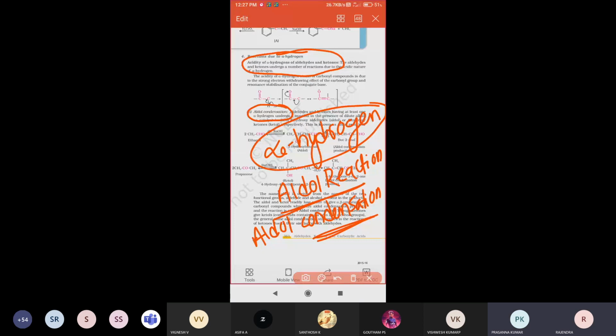Right. Simply, condensation is nothing but the removal of a water molecule. The removal of a water molecule is also called a condensation reaction. So during this aldol reaction, a water molecule will be eliminated.